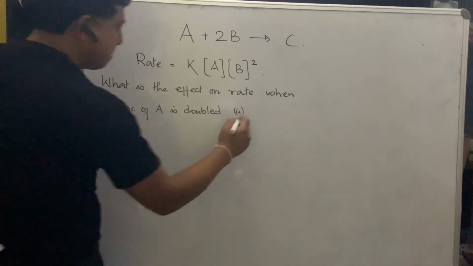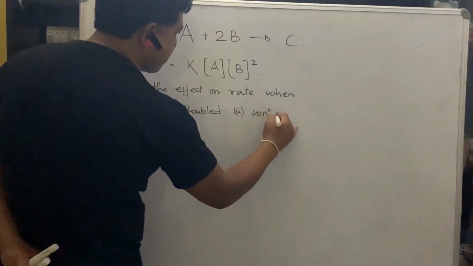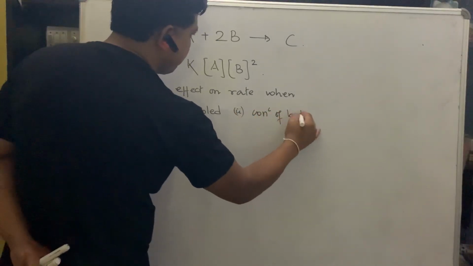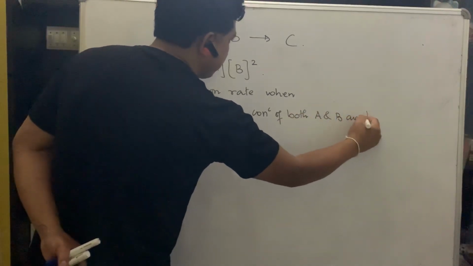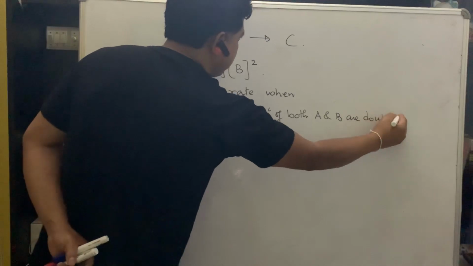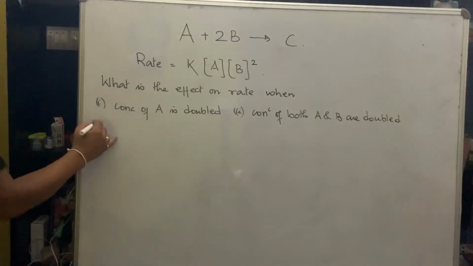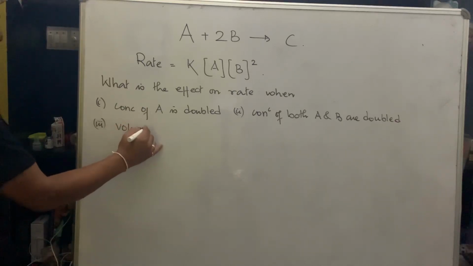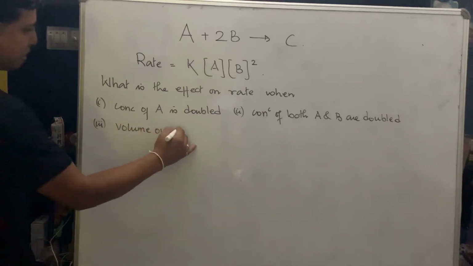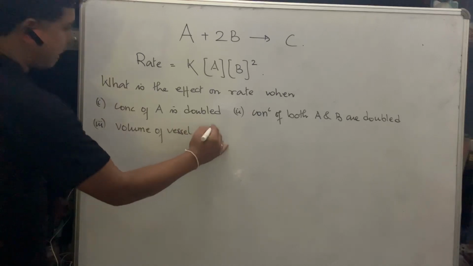Number two, the concentration of both A and B are doubled. And I'll add one more: the volume of the vessel is halved.